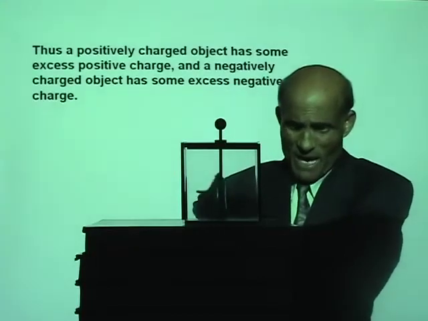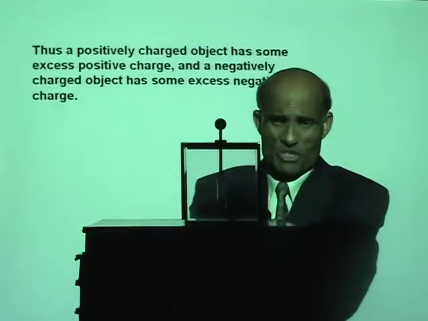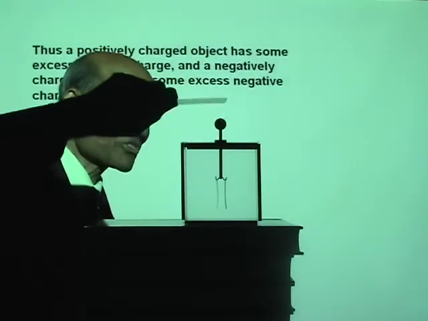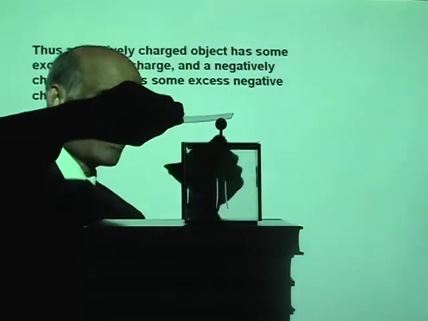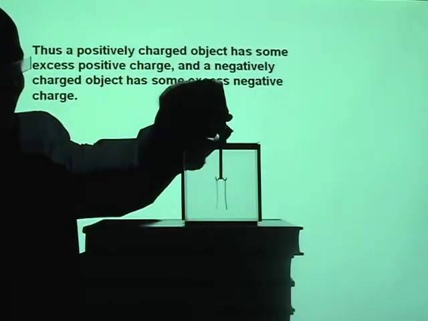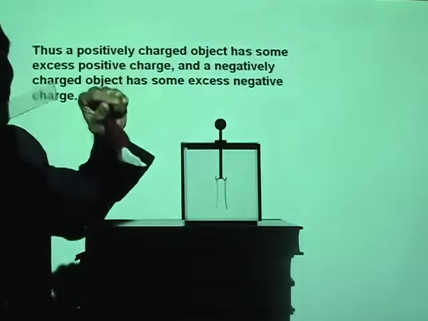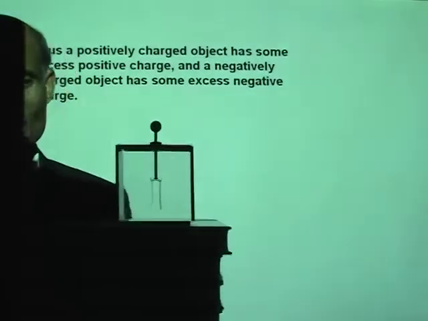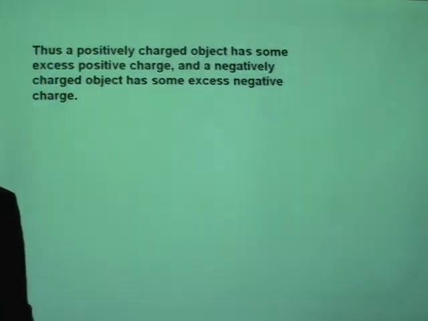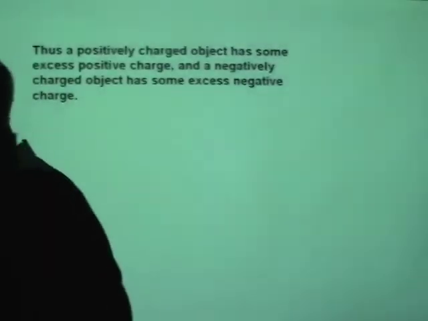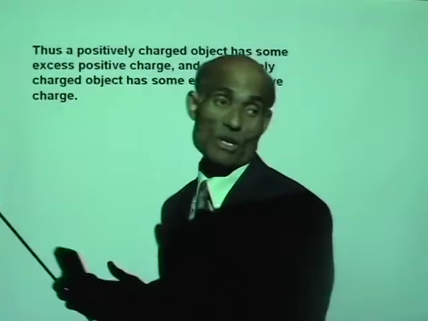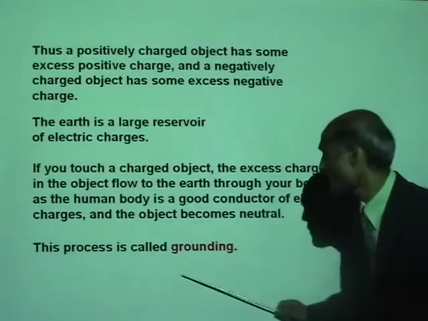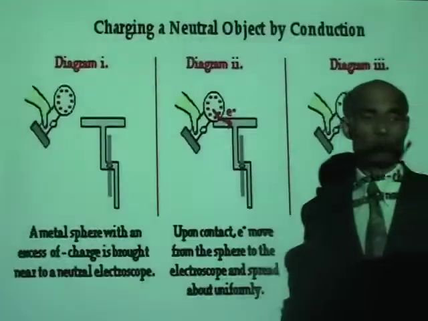And if I'm lucky enough to get it charged, if I touch the electroscope, well, you can see it got some charge. If I touch that, well, the charges have flown through my hand to the earth, neutralizing the electroscope. Well, that is the process of grounding or earthing. Alright, so this process is called grounding.